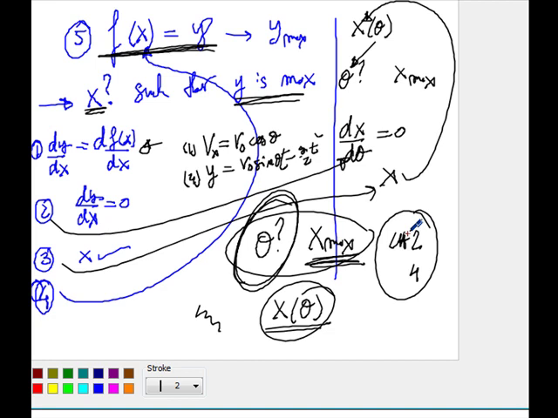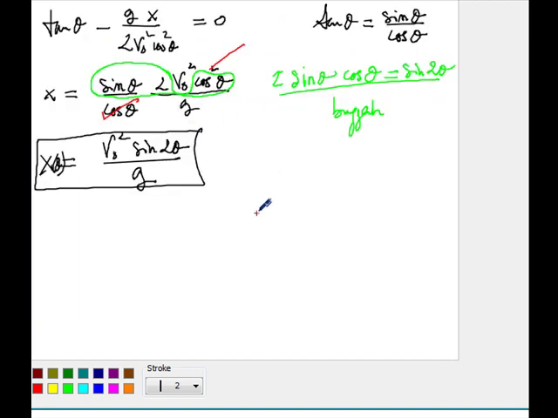Okay, so let's do this step. I was here. So let's take the derivative of x as a function of theta. I can safely take the full derivative. I don't have to take the partial derivative because all the other variables that show up in the functional form of my x equation are all constant.